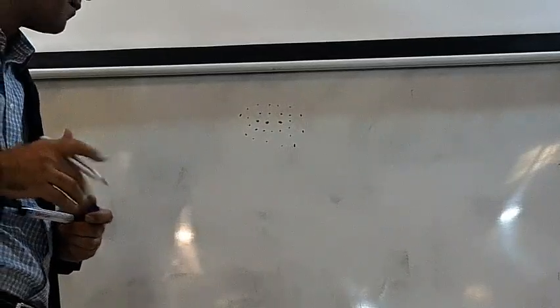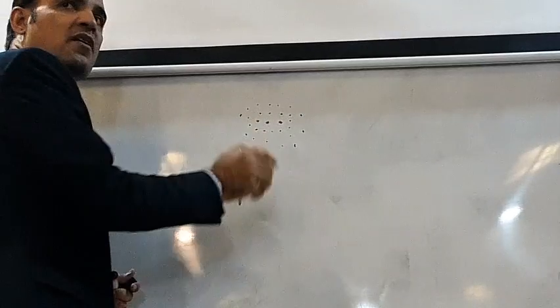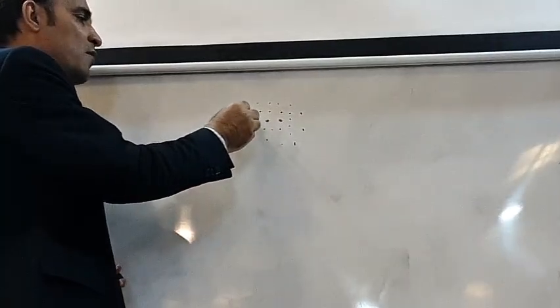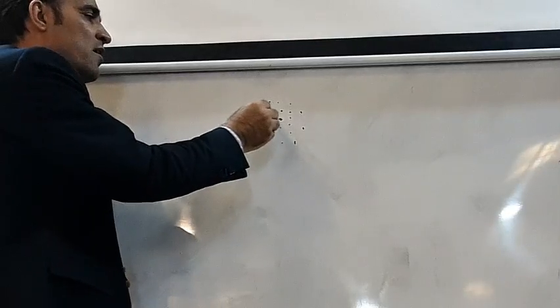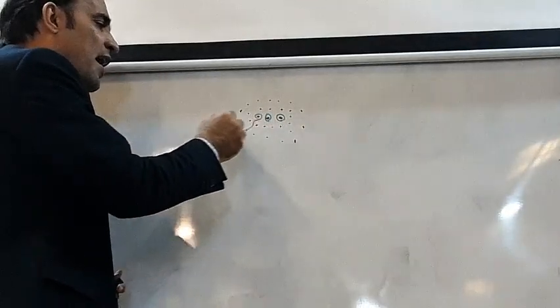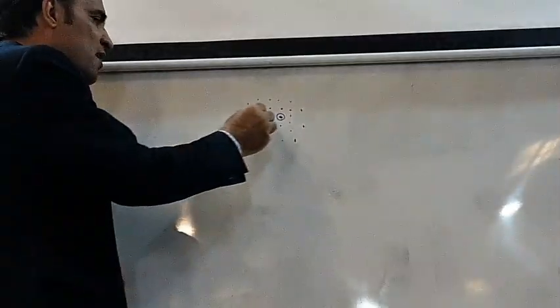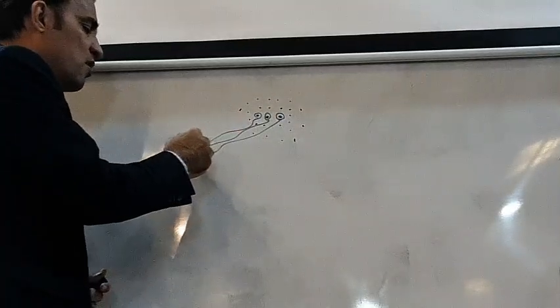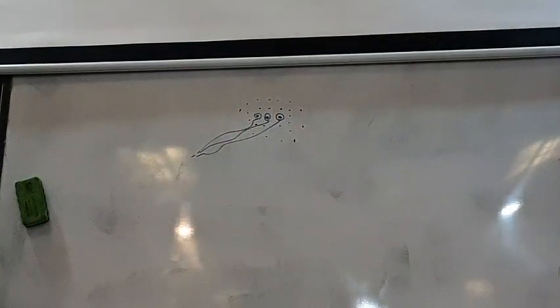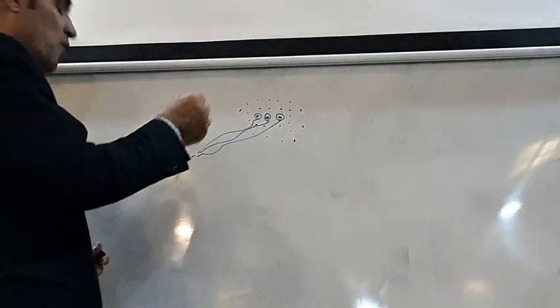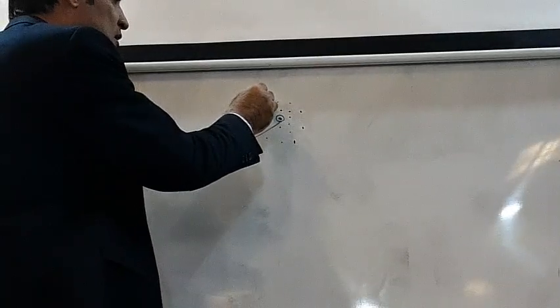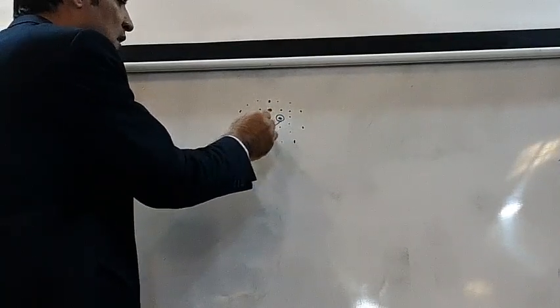When I put my finger, one neuron will be activated by this point, one another by this, one another by this, and the fiber will be sent to the spinal cord. There are some other points, for example, here, this one, and this one.